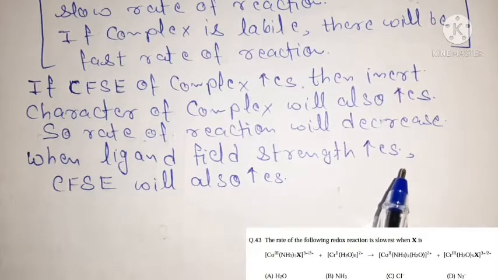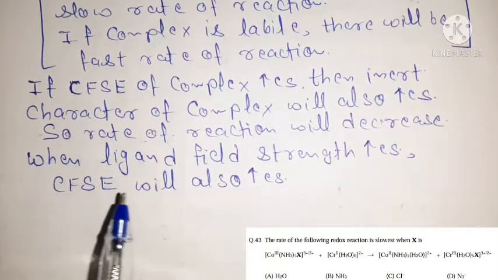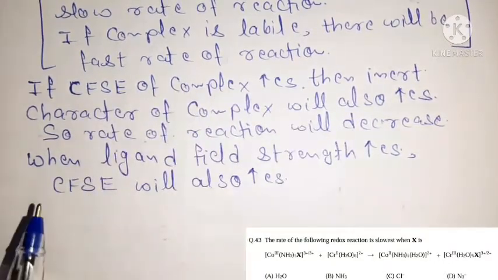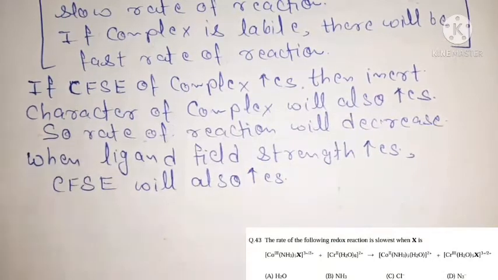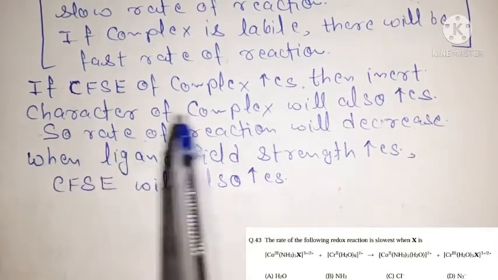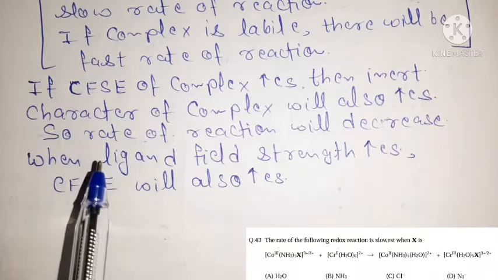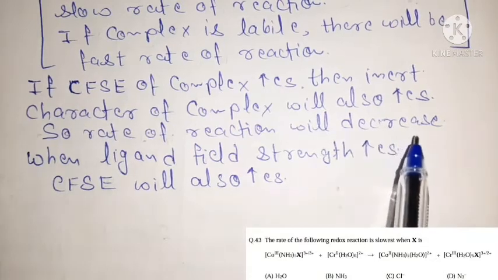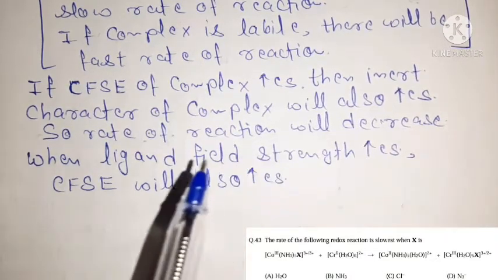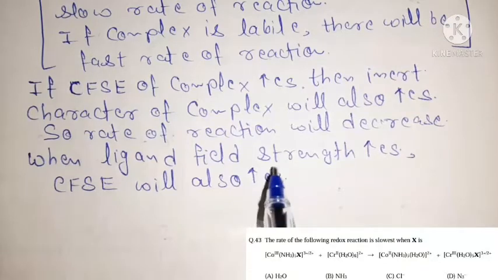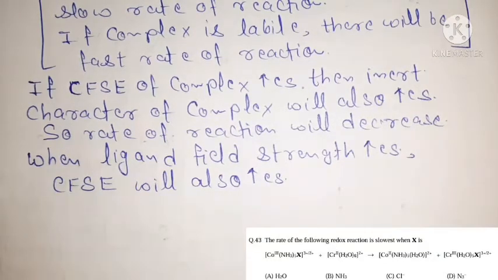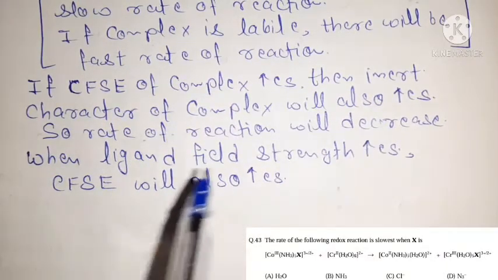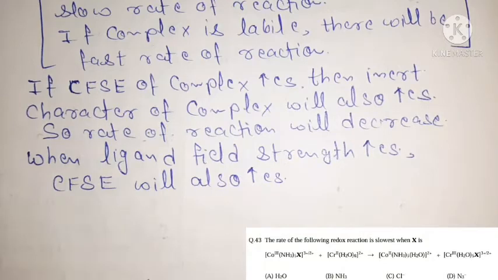When ligand field strength increases, the CFSE of the complex will also increase. And when CFSE increases, the inert character of complex will also increase. And when inert character increases, the rate of reaction will decrease. So the rate of reaction can be connected to the ligand field strength.